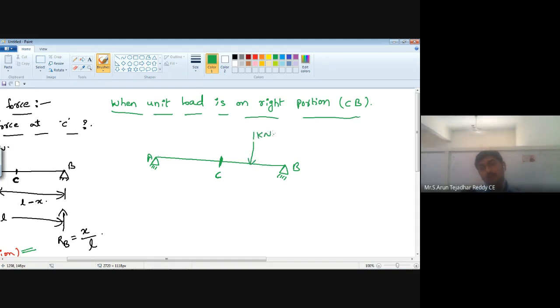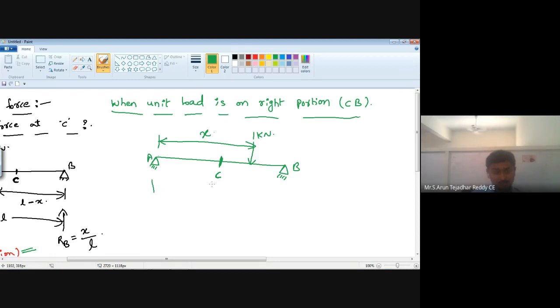Now this 1 kilonewton is entirely on the right portion. From point A up to the 1 kilonewton, it is X distance. At a distance of X meter, I am applying the 1 kilonewton load.